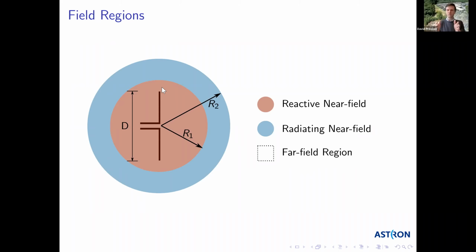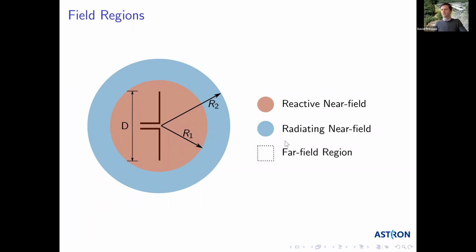If you're very close to the antenna, they'll have a certain magnitude, but a little bit further from the antenna, they'll change quite significantly, as well as the shape of the field distribution around the antenna. This behavior extends into the radiating near field as well, a little bit less so, but the shape of your field around your antenna is still a function of the radial distance. It's only at the far field region that the antenna beam pattern really starts to stabilize.